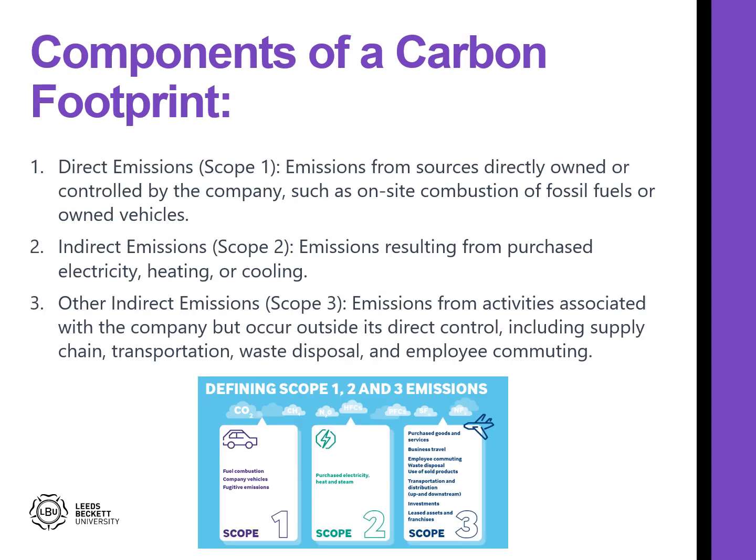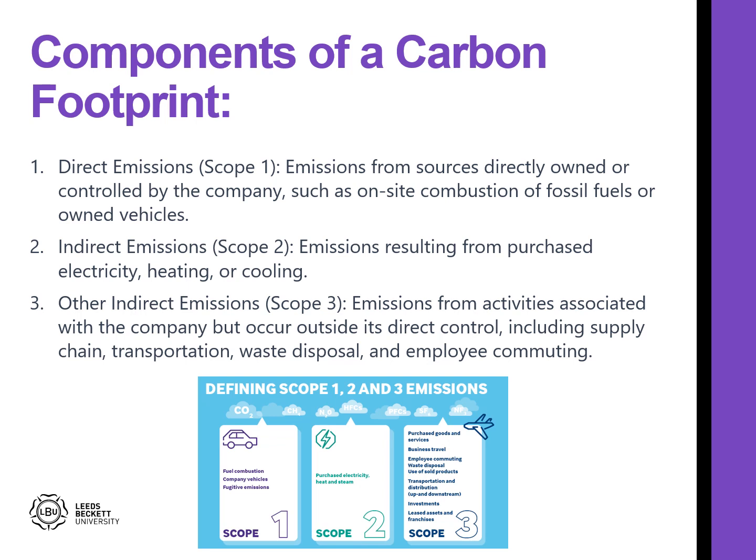So the components of a carbon footprint are scopes 1, 2 and 3. Scope 1 is direct emissions from sources owned or controlled by the company, such as on-site combustion of fossil fuels or their own vehicles.